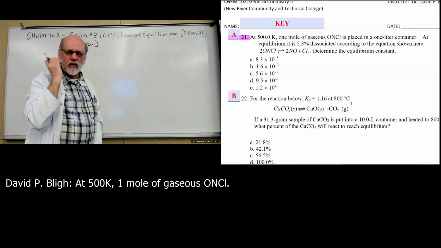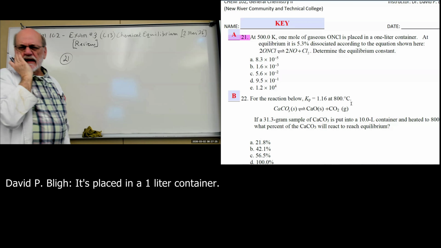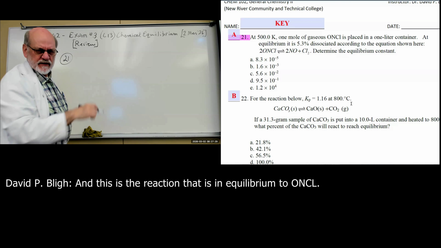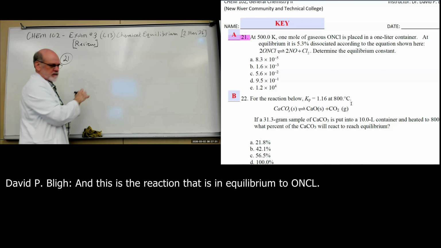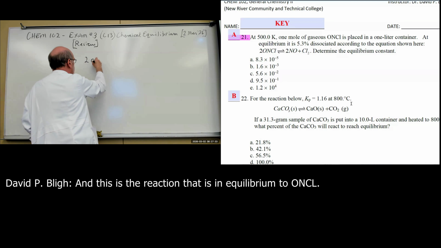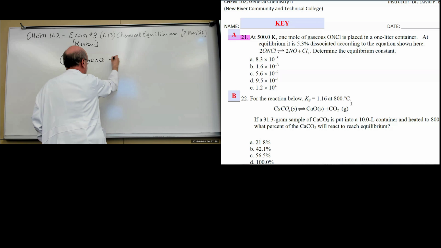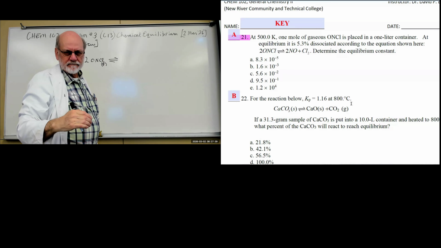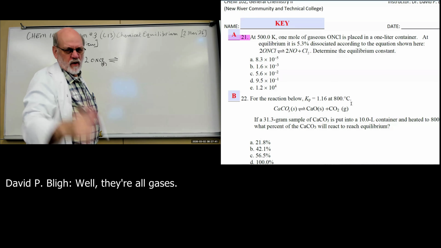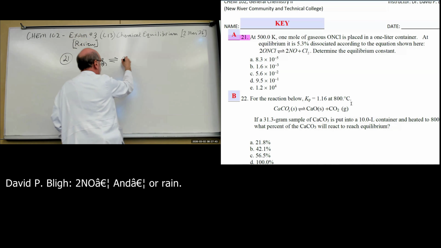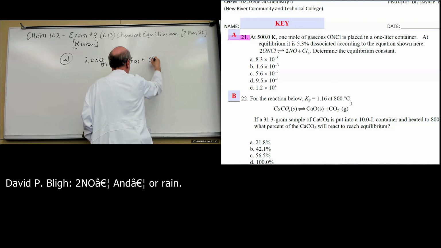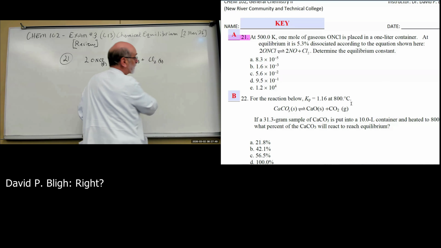At 500 K, 1 mole of gaseous ONCl is placed in a 1-liter container. And this is the reaction that is in equilibrium. 2 ONCl. It's gas, right? Well, they're all gases. 2 NO and chlorine, right?